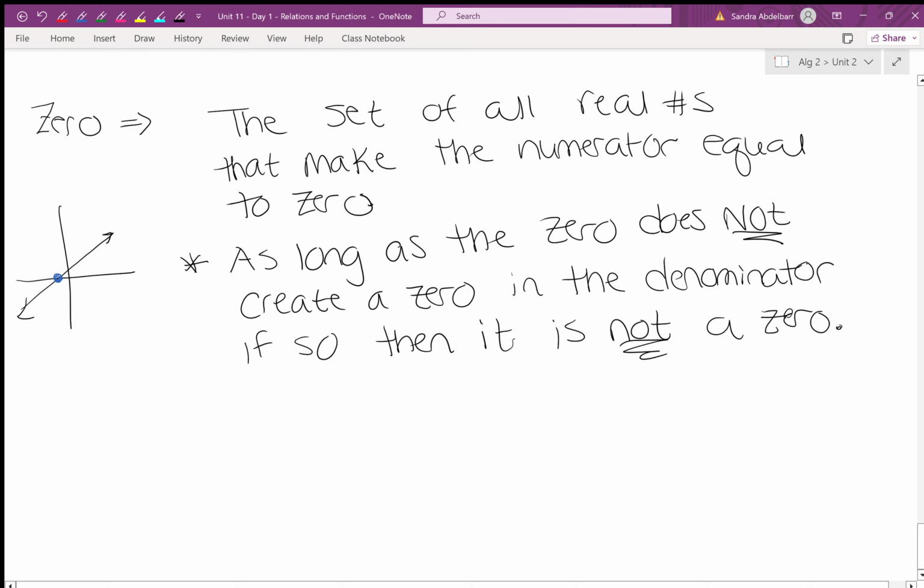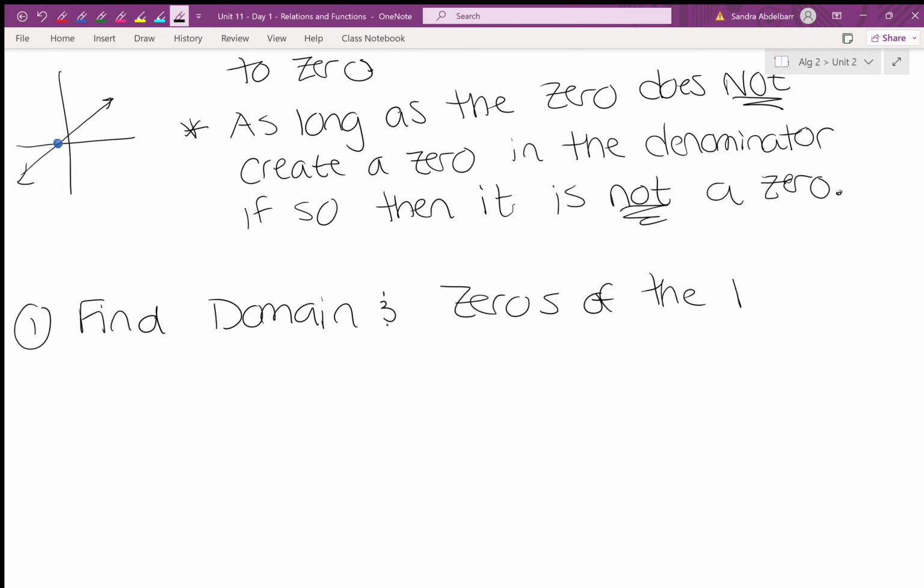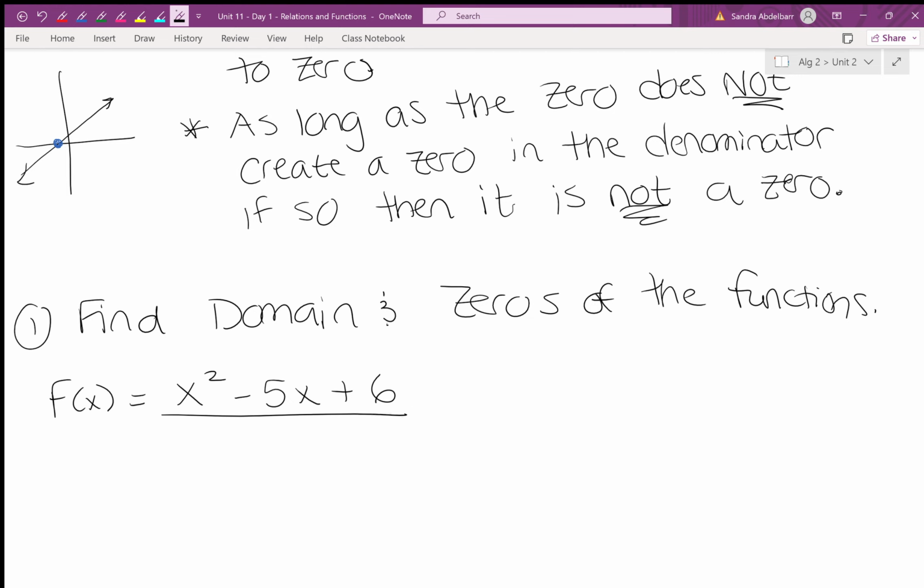All right, so let's do a couple of problems. I want us to find the domain and zeros of the function f of x equals x squared minus 5x plus 6 over x squared minus 2x.